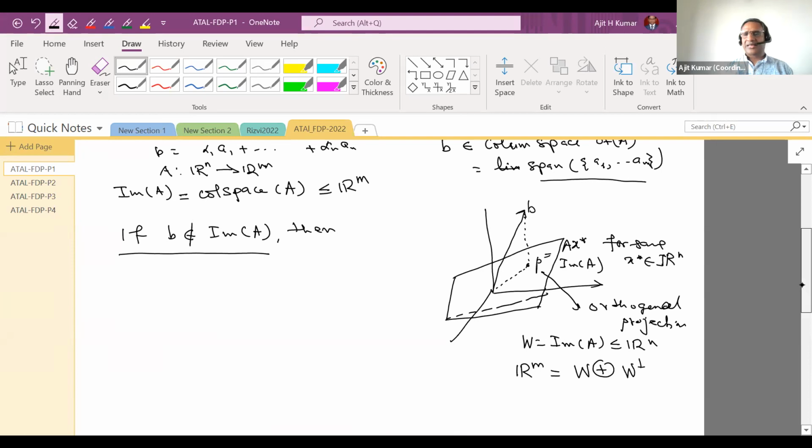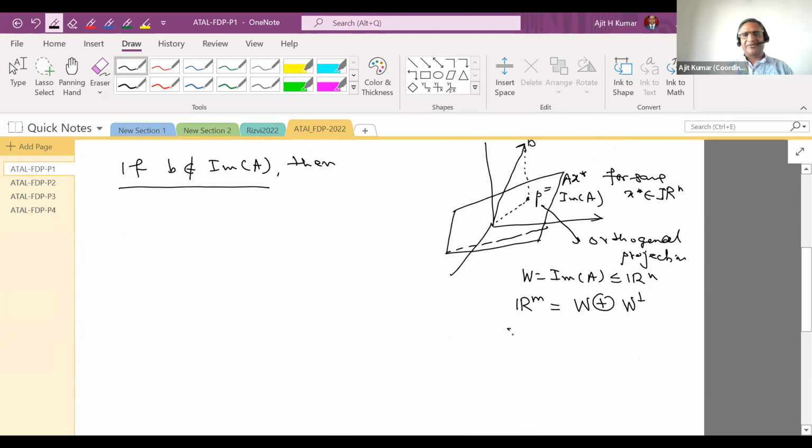That is the same as saying that if I take any vector X in Rn, then I can write it uniquely as X equals W plus W dash, where W belongs to W and W dash belongs to W perp.